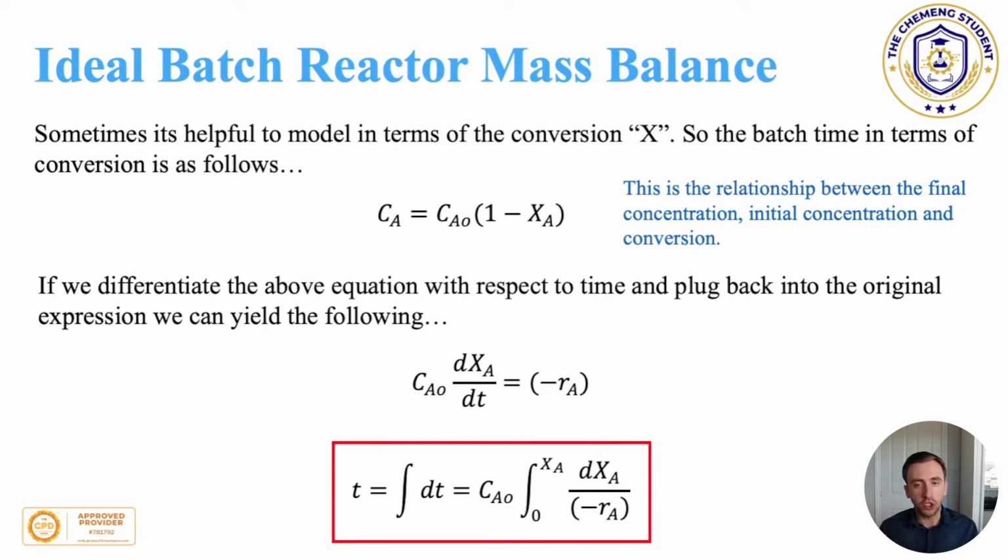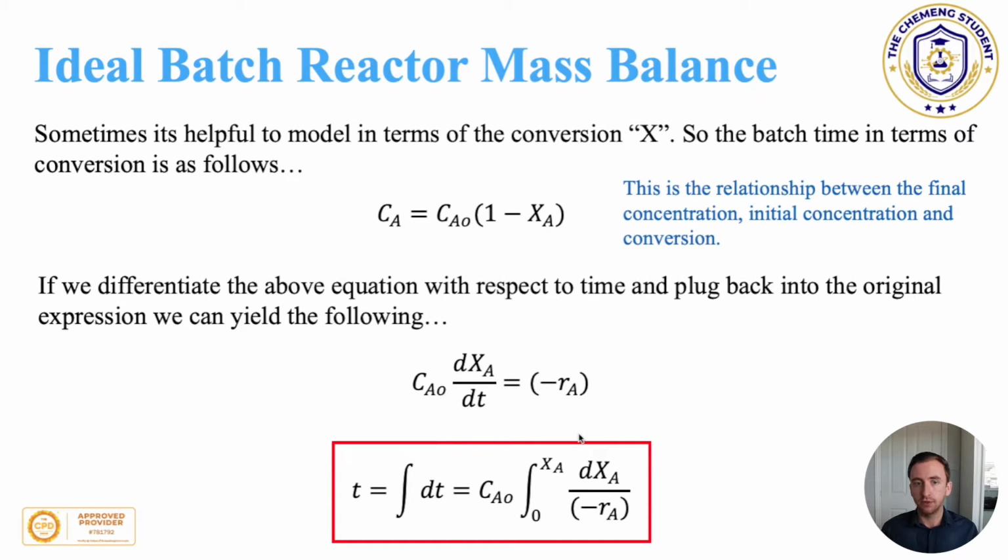So our equation that we're going to use going forward for the batch time of the reactor is going to be t is equal to Ca naught, which is independent of the integral, because that's fixed, that's not going to change. So we can remove this from the integral, and then we have between 0 and our final conversion of x, dx over minus Ra.